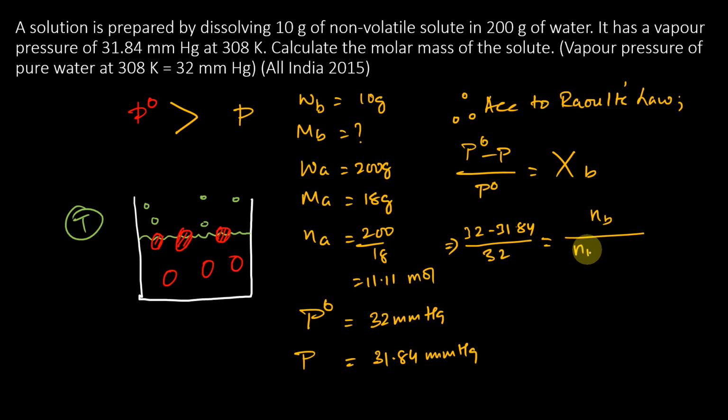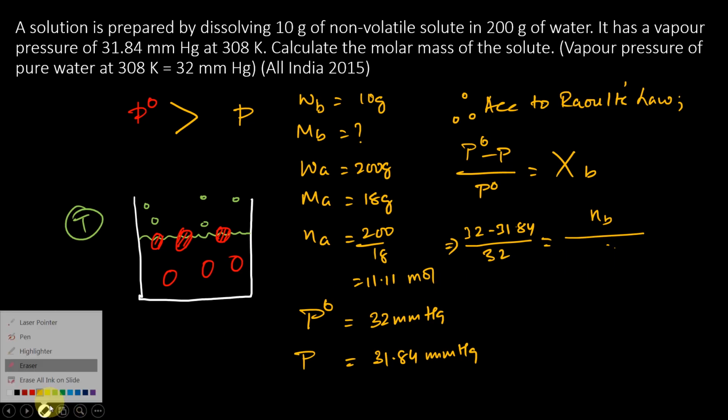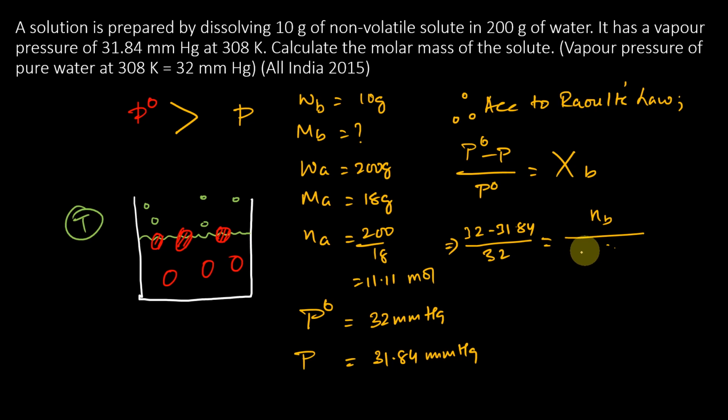divided by number of moles of the solute plus number of moles of the solvent. Let me write this properly. So this part is coming to be 32 minus 31.84 is 0.16 divided by 32, correct?